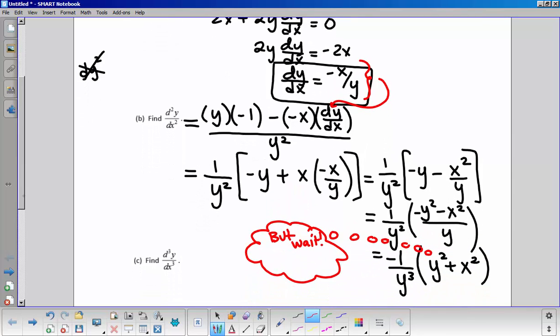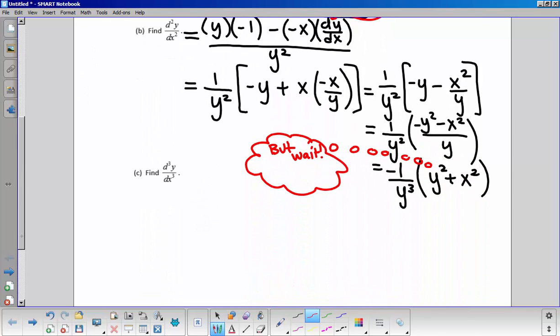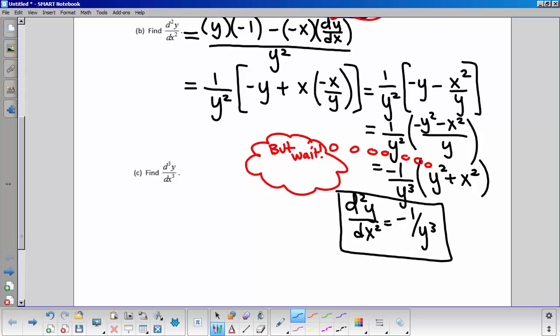In this problem, what is x squared plus y squared equal? 1. So then I can say that the second derivative of y with respect to x is negative 1 over y cubed. You okay with that? You just have to remember the technique.